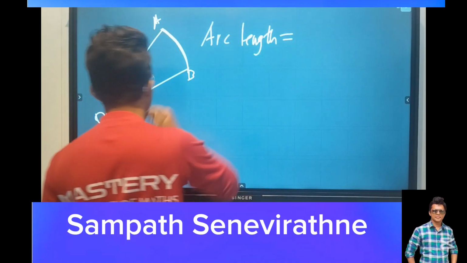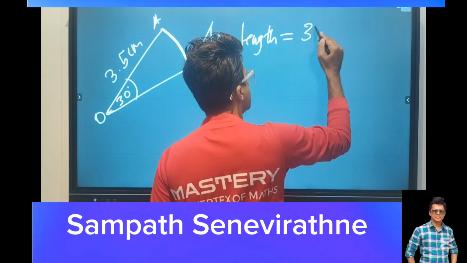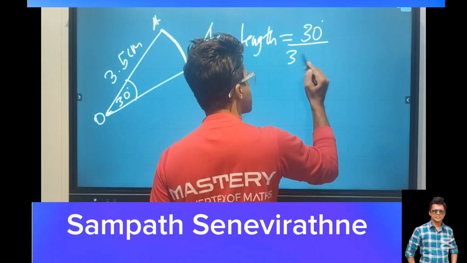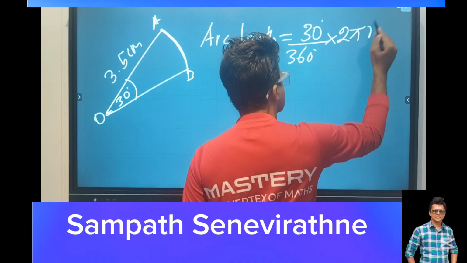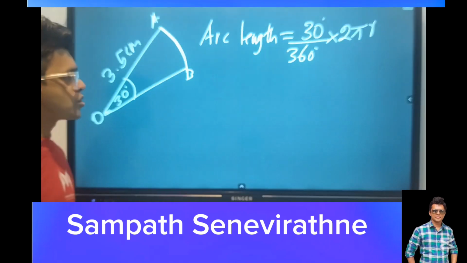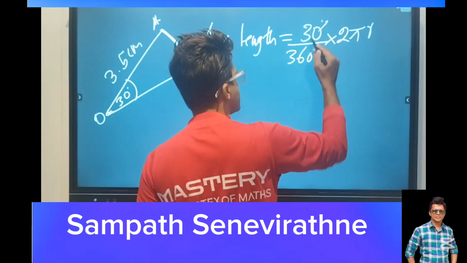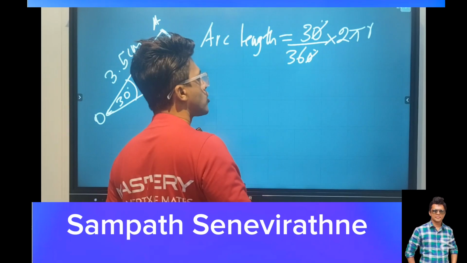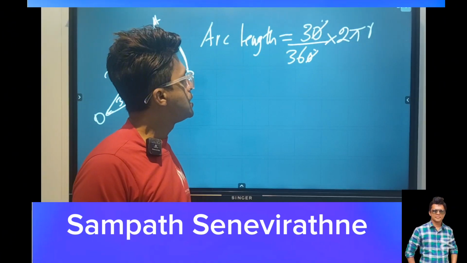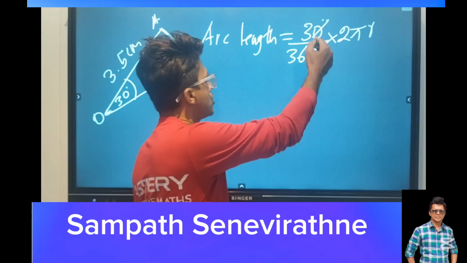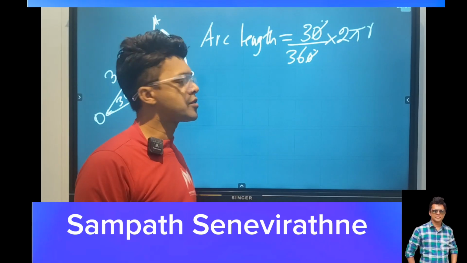So the arc length can be taken, given the angle is 30 degrees: 30 degrees over 360 degrees times 2 pi r. The zero and zero we can simplify, and 3 is a multiple of 3, 36 is a multiple of 3.